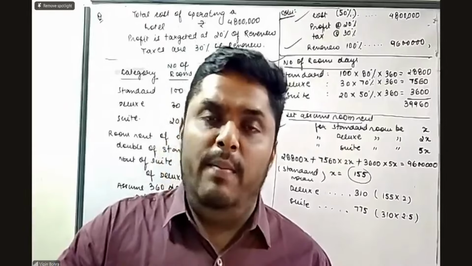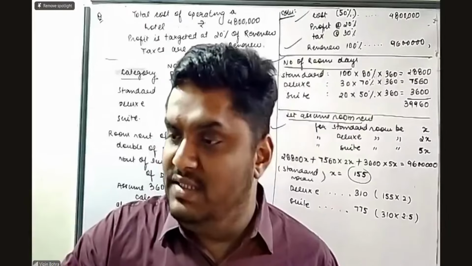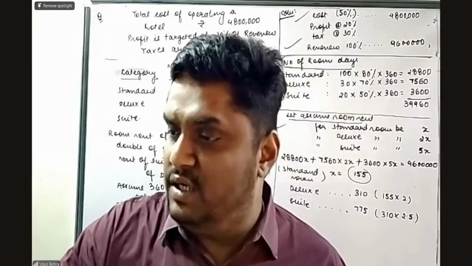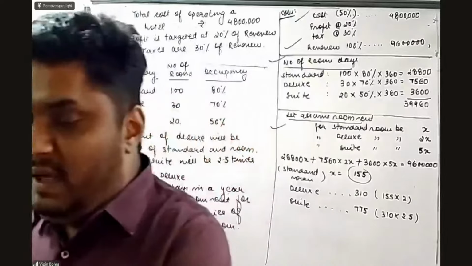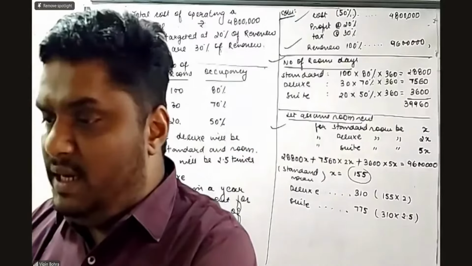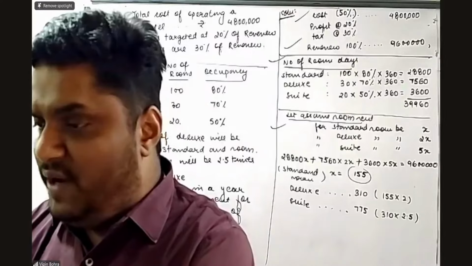Okay, friends. So welcome back. So let's start with illustration number 5. As Shagufta mentioned that she is facing issues with illustration number 5, I request you guys to open your study material. Let's start with illustration number 5.